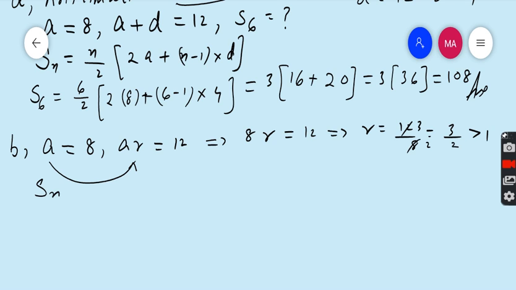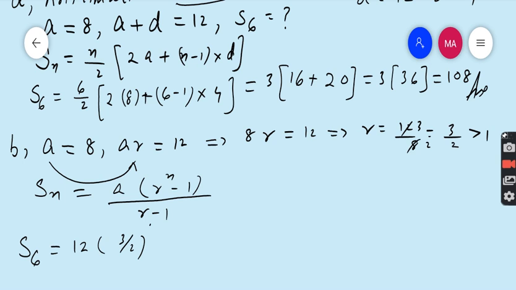The formula is Sn is equal to a into r to the power n minus 1 upon r minus 1. So S6 is equal to a, which we have just found, r is 3 upon 2, to the power 6 minus 1, upon 6 minus 1. Sorry, a is not 12, a is 8, I am sorry.